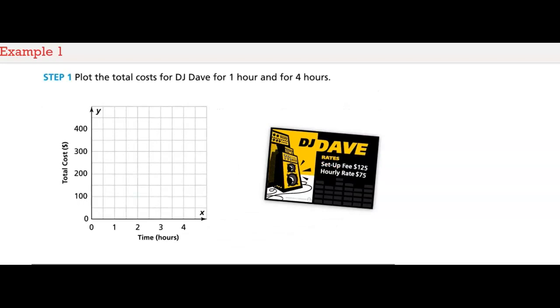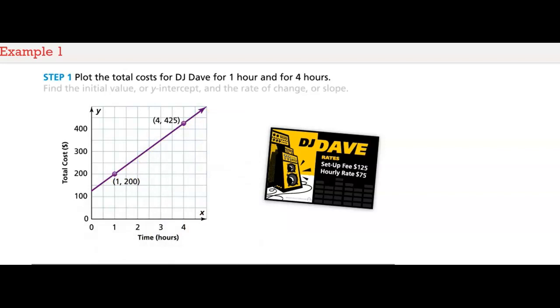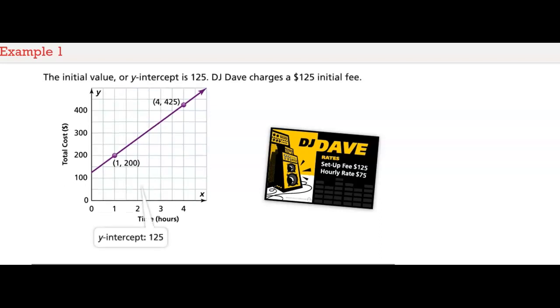You can begin by using a graph to plot the total costs for DJ Dave for 1 hour and for 4 hours. Draw a straight line through the points. Find the initial value or y-intercept and the rate of change or slope. The initial value or y-intercept is 125.